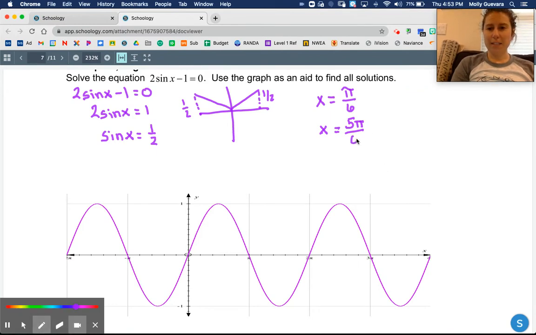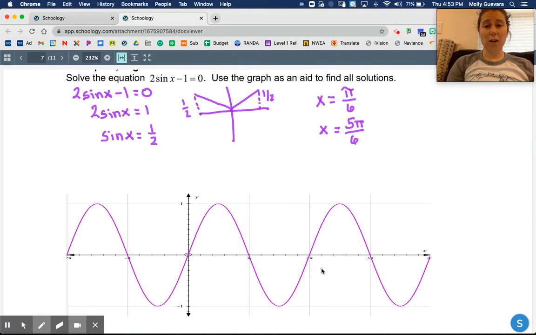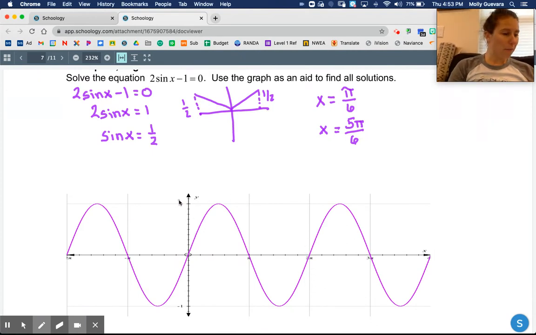Okay, then it says use the graph as an aid to find all solutions. So those are 2 solutions, right? So that means here 1/2, 1, 2, 3, 4, 5.